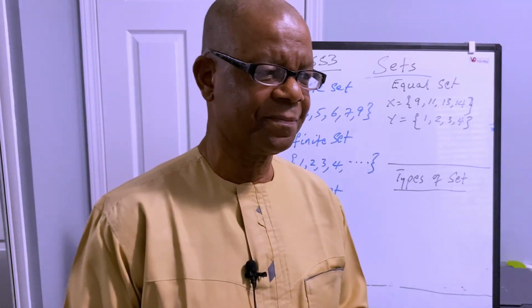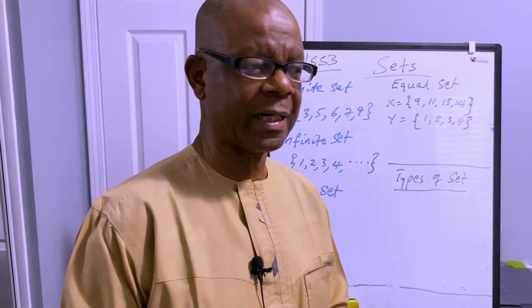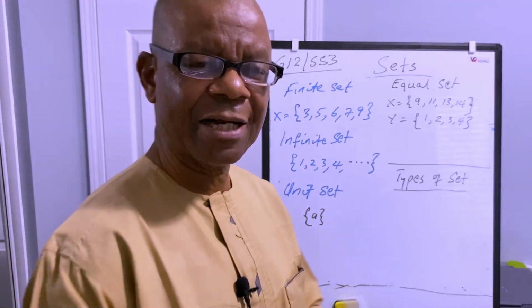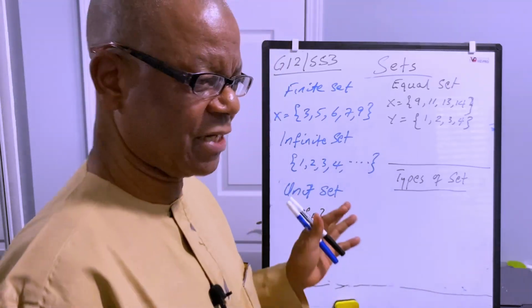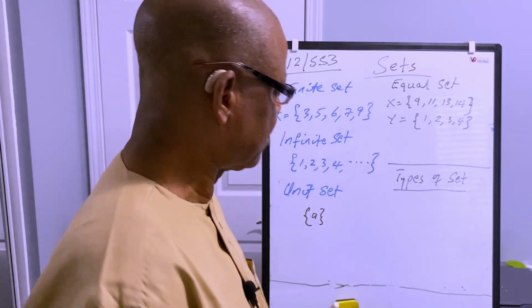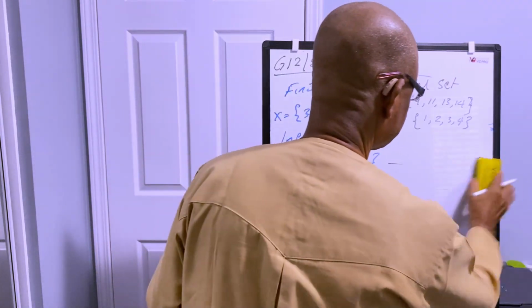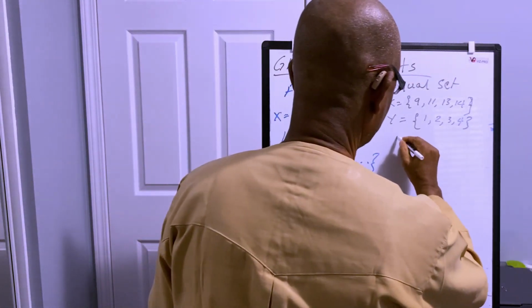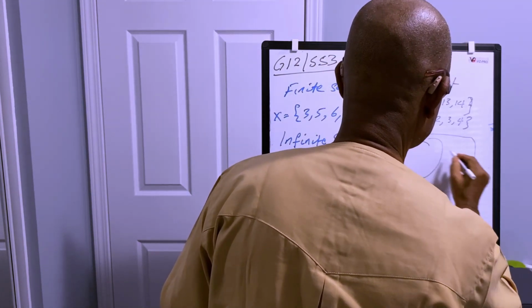Disjointed set, we will amplify it when we start treating Venn diagram. It's a set that does not touch each other. It has no intersection. Like I said, when we start treating our Venn diagram, we will mention that clearly. This is a disjointed set.